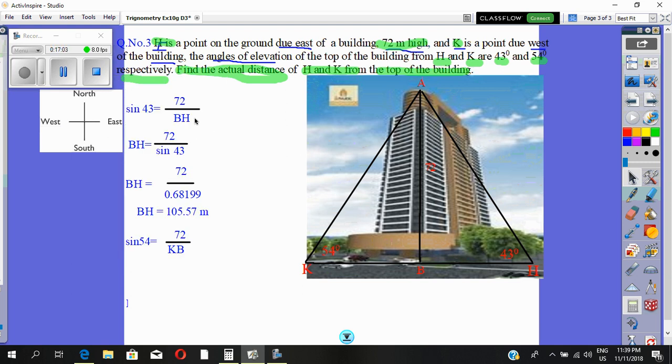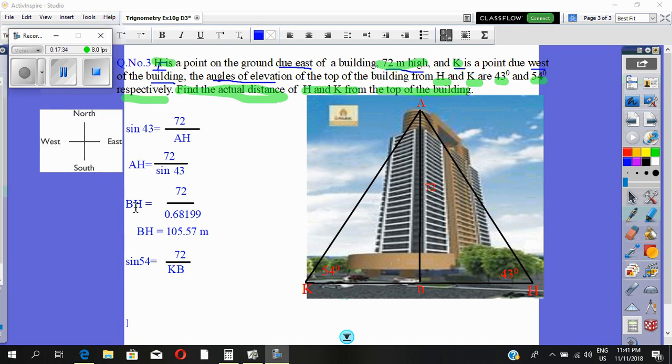So we use the opposite and the hypotenuse, that is sine theta, sine 43 equals 72 over, sorry, this is not BH, this is AH.